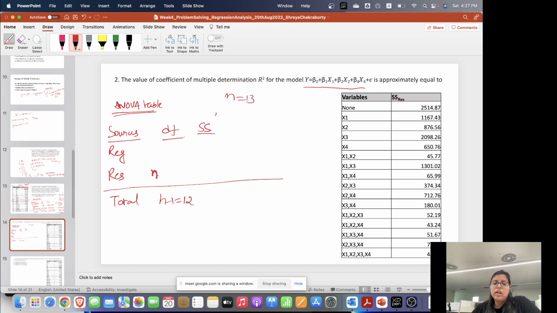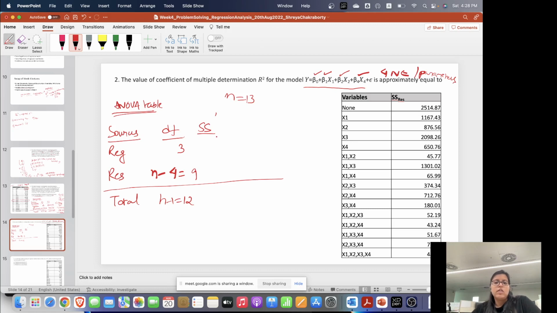Now how many parameters, how many normal equations would we have? One for this one, one for this one, one for this one, one for this one. So 4 unknown parameters. Therefore our degrees of freedom for residuals would be n minus 4, that is 13 minus 4, 9, and degrees of freedom due to regression would be 12 minus 9, 3, for 3 predictors.